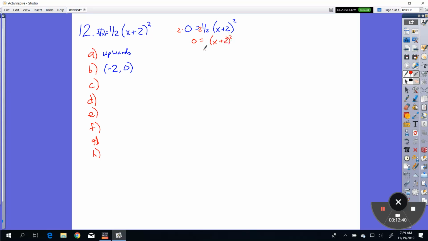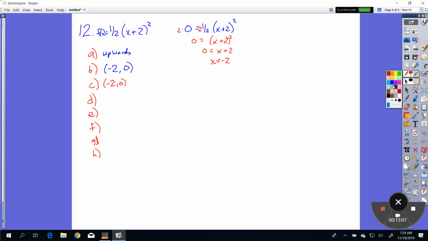So now I square root that. The square root of 0 is still 0. So looking at our vertex, if our vertex is at negative 2, 0, that means our parabola starts on the x-axis. So that's why there's only one x-intercept, because that's where it starts.